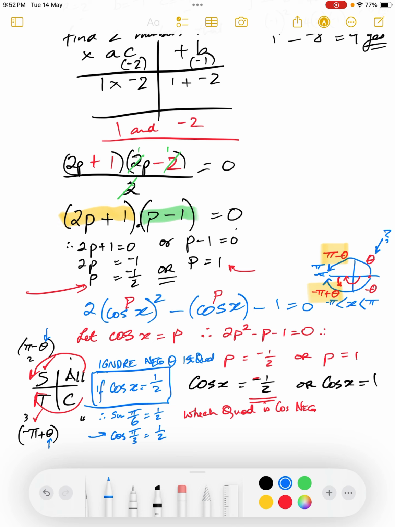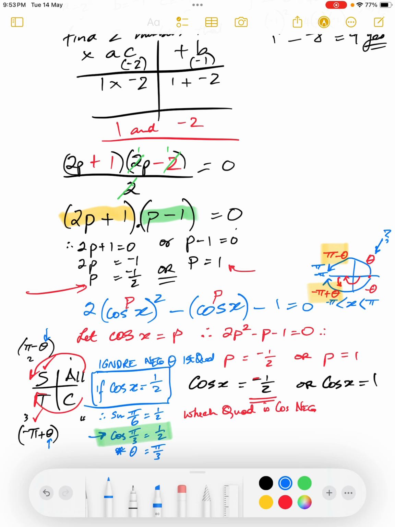And it's this one here, cos of 60 degrees, or cos of pi over 3 is a half. Therefore, theta is pi over 3.